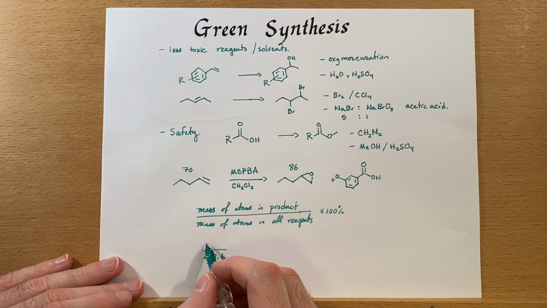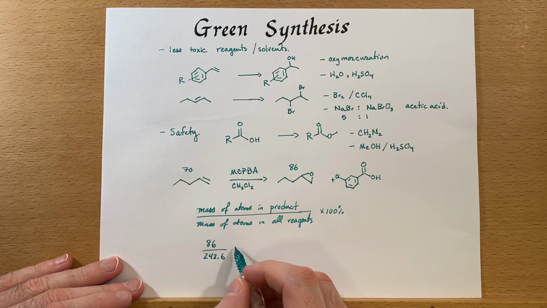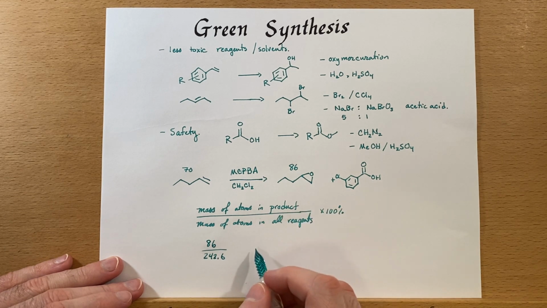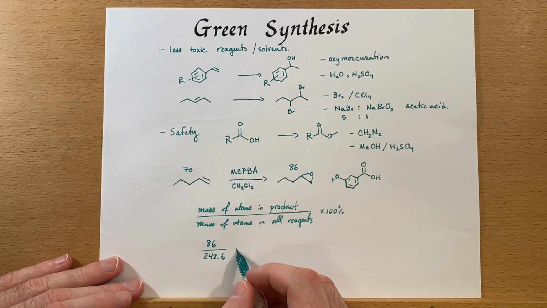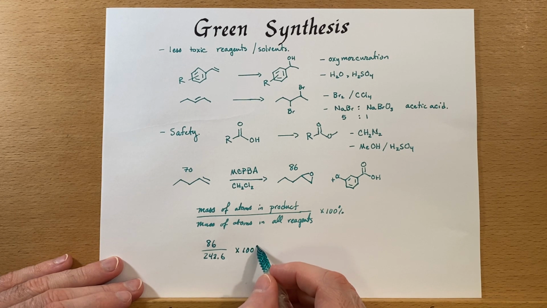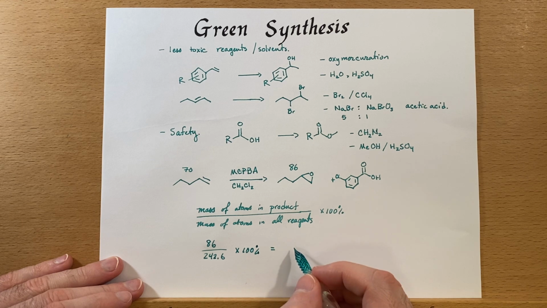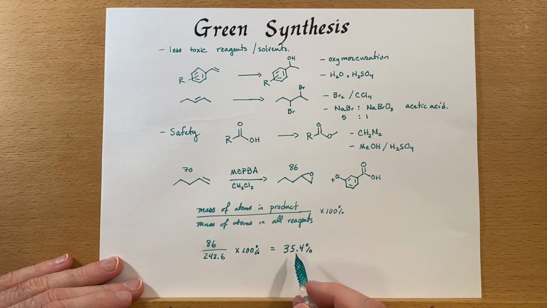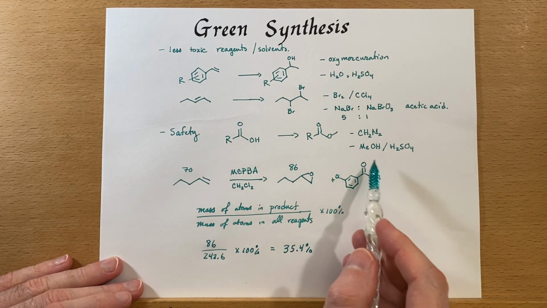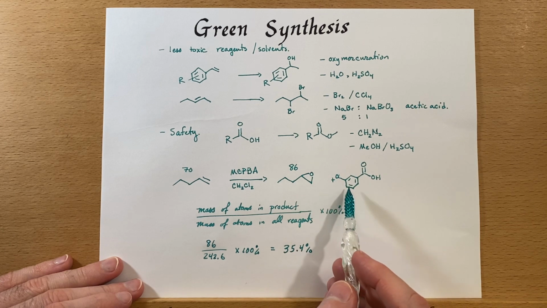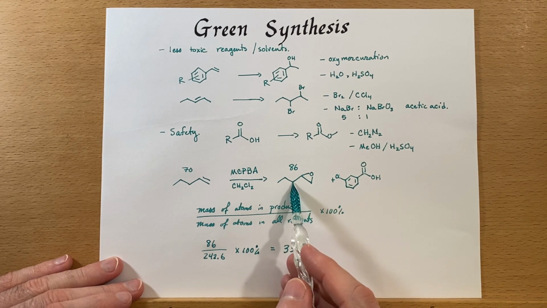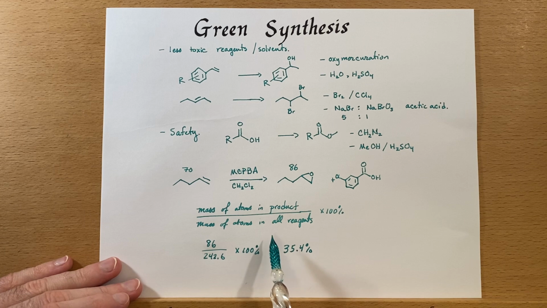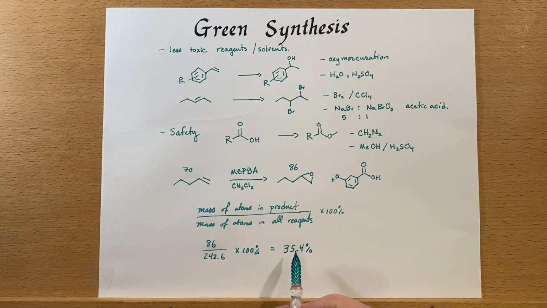And then if we take our 86, that is our product mass, multiply by 100%. We'll see that our atom economy is only 35.4%, which is pretty low because this weighs a lot. It weighs much more than my product.